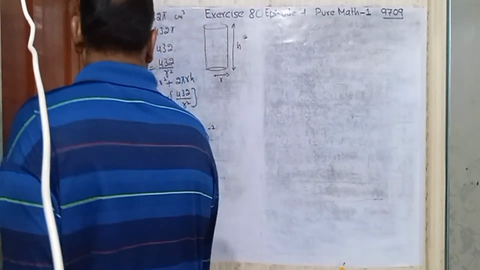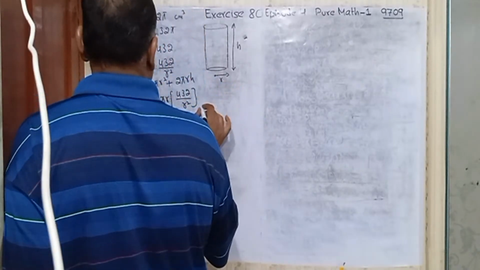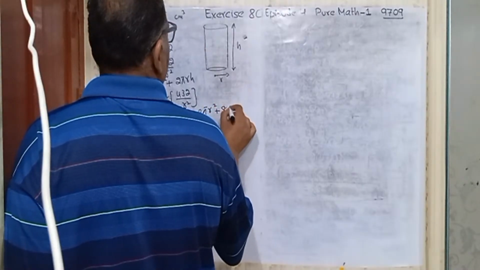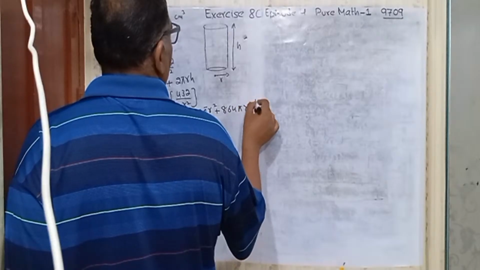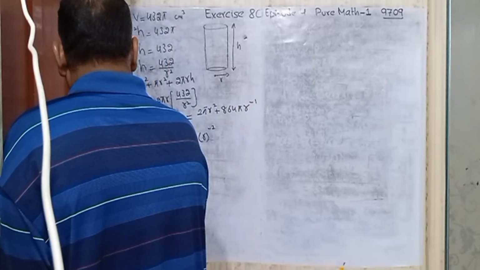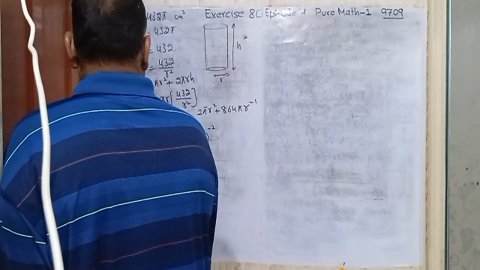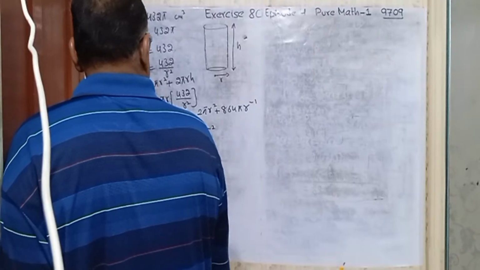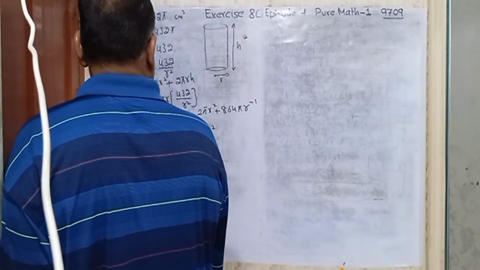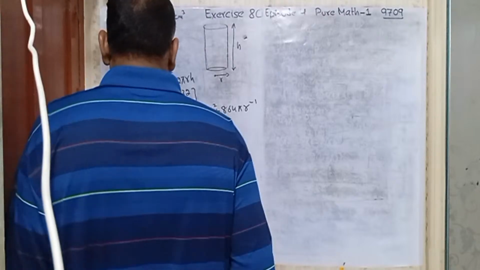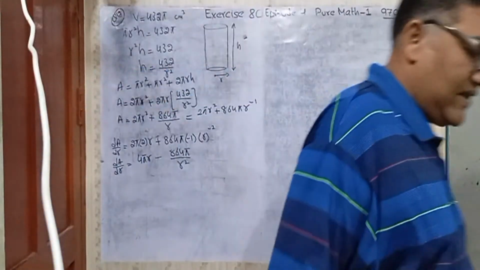Okay, so the friendlier shape is 2 pi r square plus 864 pi and r raised to power minus 1. Then I differentiated it. So dA by dr is equal to 4 pi r plus, this will become minus, 864 pi divided by r square. So this is my first derivative.